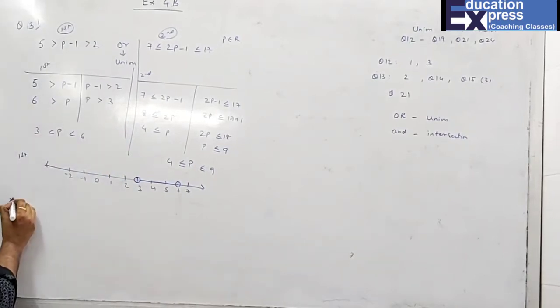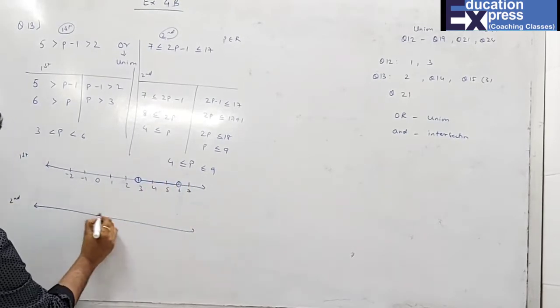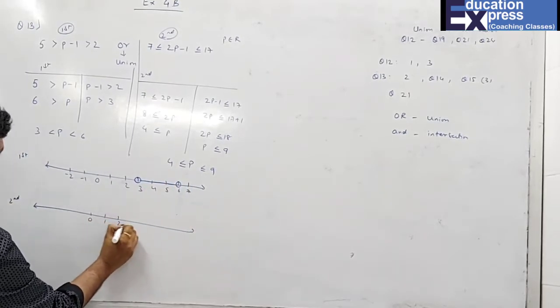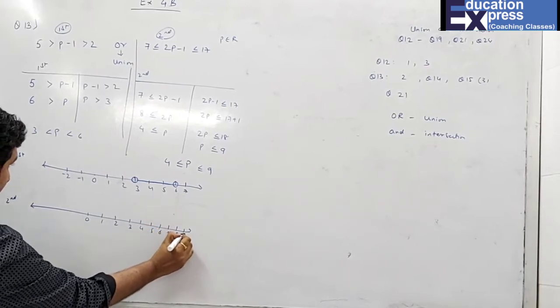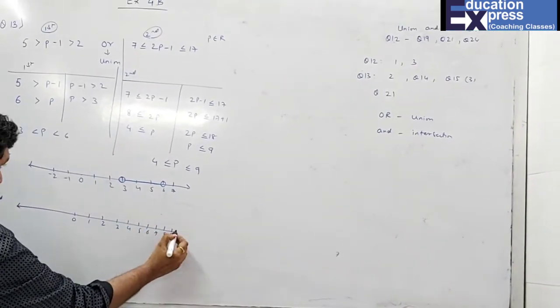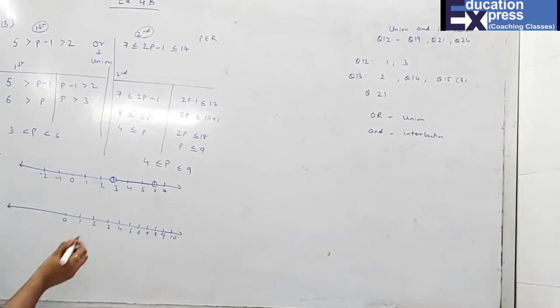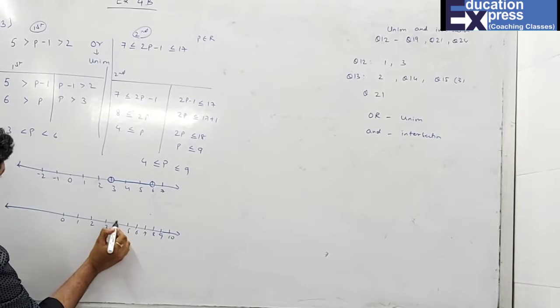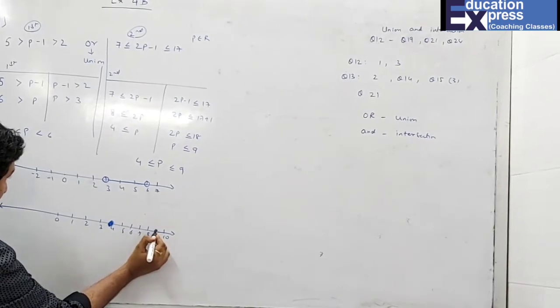And second, so 4 including and 9 including.